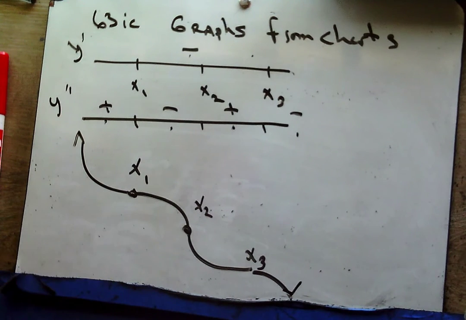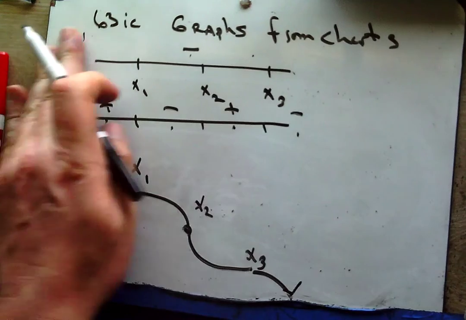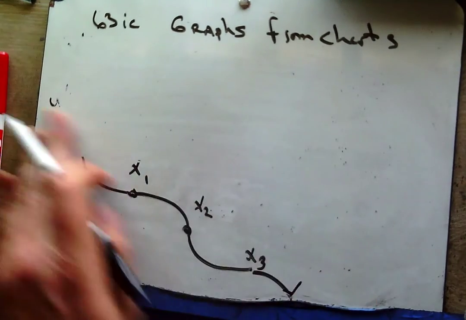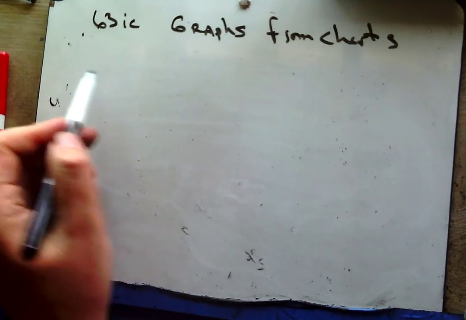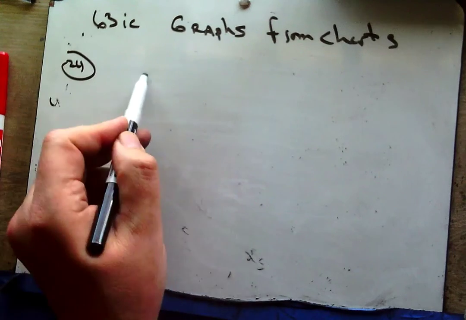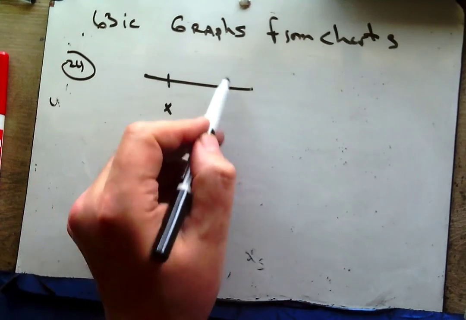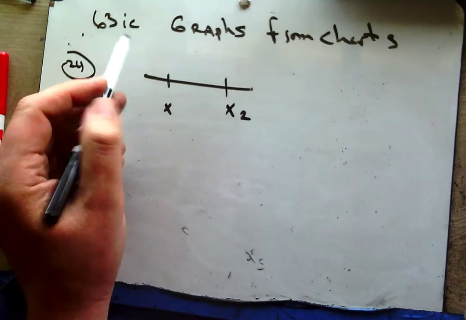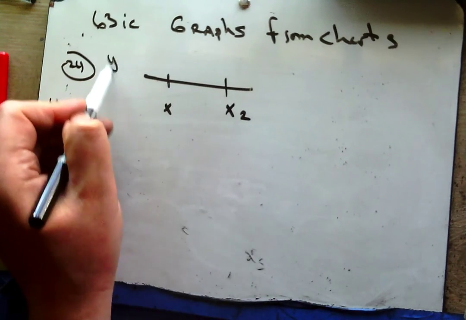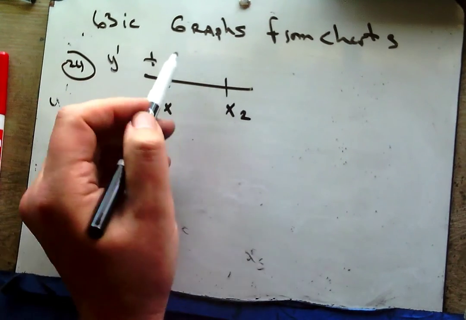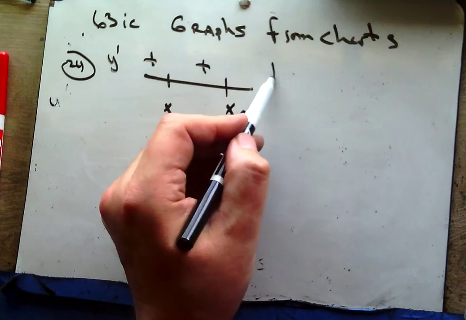How about 24? Well, you do 24, right? Do 24. 24 says we've got x sub 1, x sub 2. We know that y prime is positive, is positive, is positive.